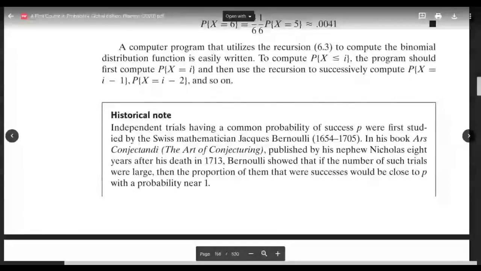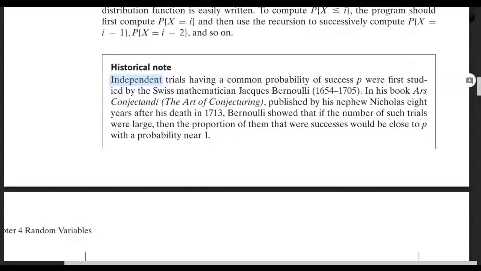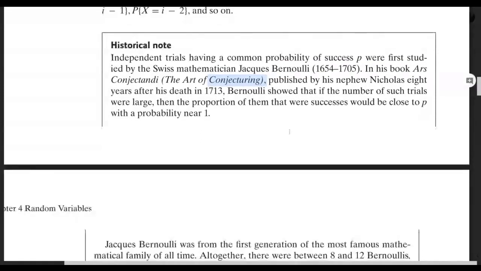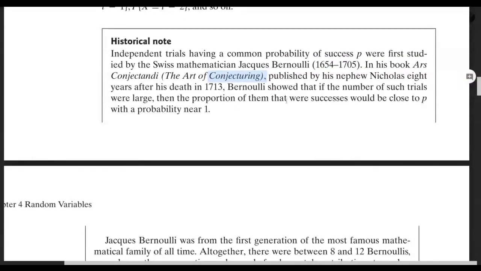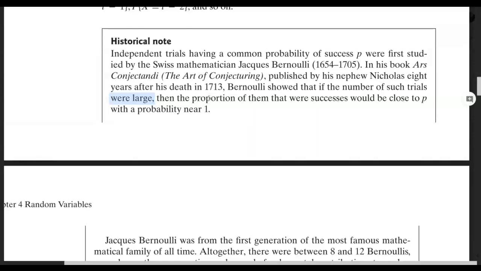Let's see these notes. Independent trials having a common probability of success p were first studied by Bernoulli. In his book, The Art of Conjecturing, published by his nephew eight years after his death, Bernoulli showed that if the number of such trials were large, then the proportion of them that were successes would be close to p with a probability near 1.